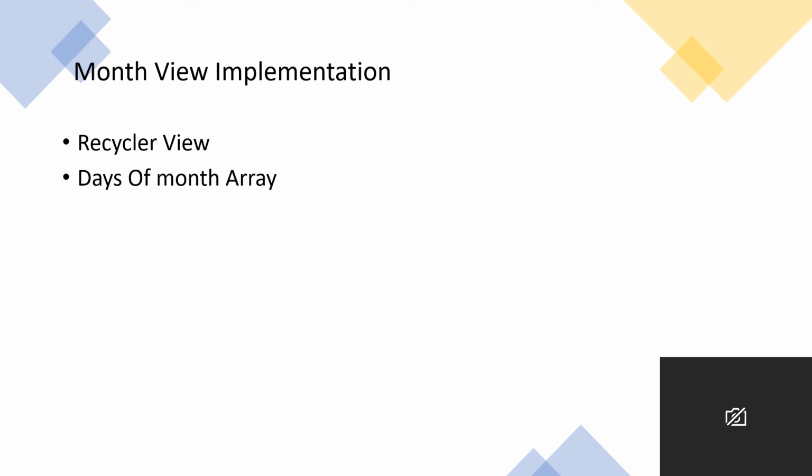A recycler view's function is to have scrollable content, such that as the content is being deleted from the bottom, it is being added at the top. That is the function of a recycler view. And this recycler view will allow us to scroll horizontally from right to left and see all the days of the month.